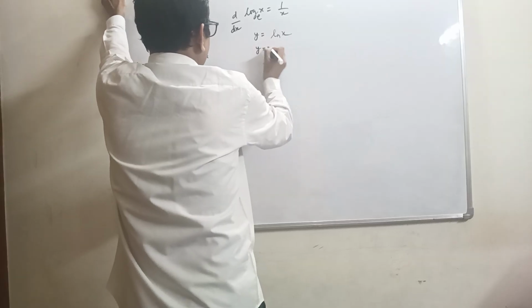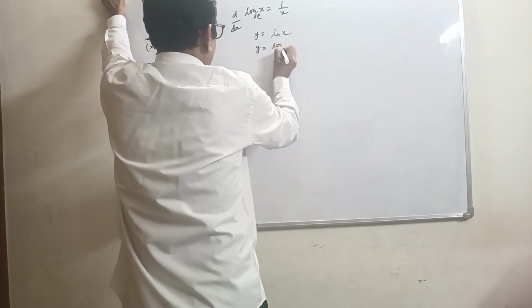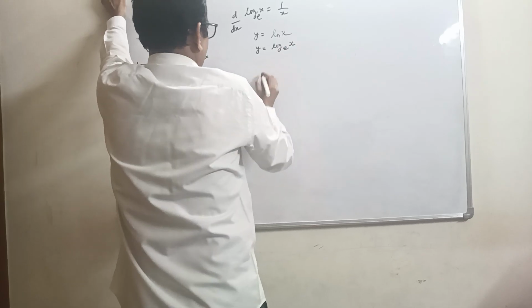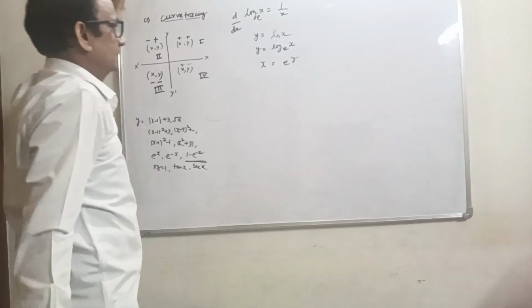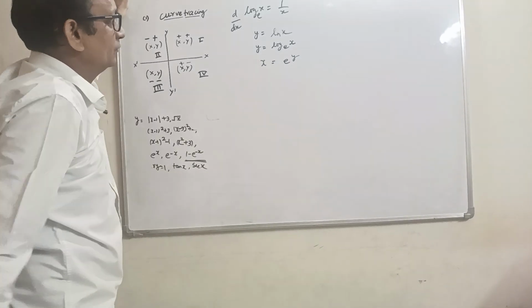So y would be natural log with base e of x. So we write x is equal to e raised to power y.